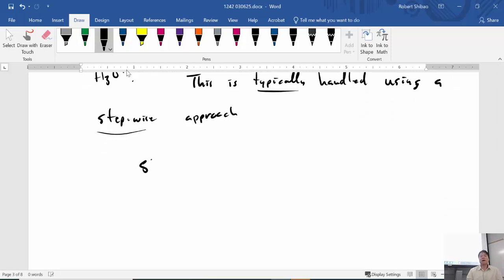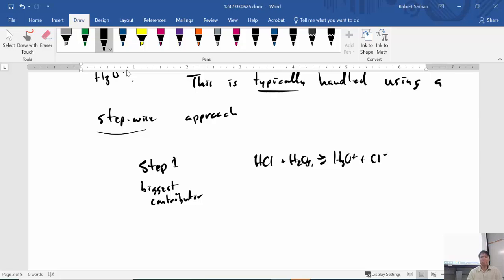In step one, we have the biggest K, so we want the biggest contributor, and that would be HCl. HCl plus H2O liquid yields H3O plus and Cl minus.